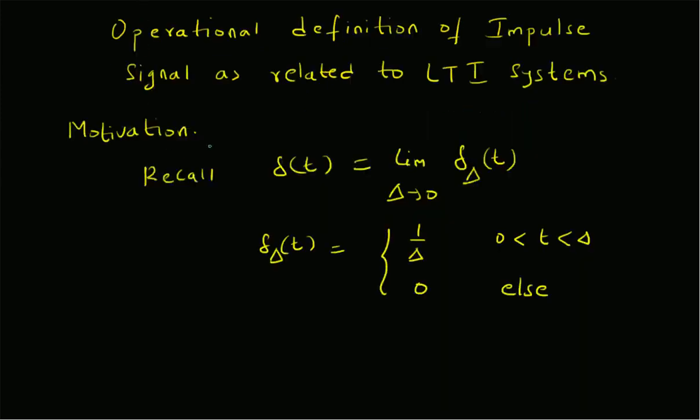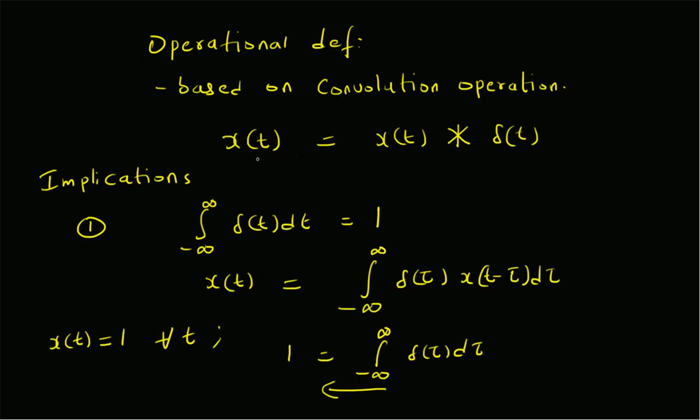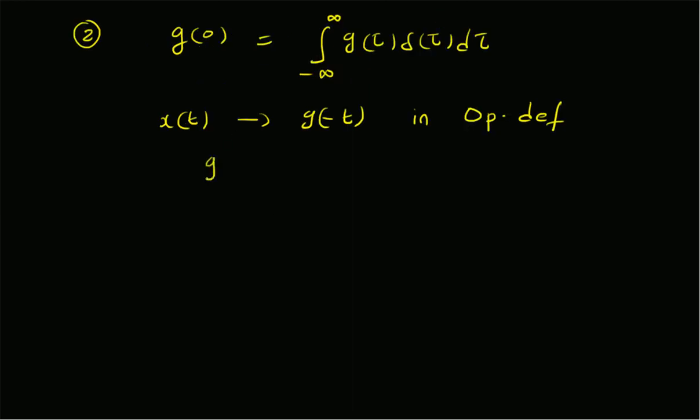We have g of minus t equal to the convolution between g of minus t and delta of t. So g of minus t is equal to the integral from minus infinity to plus infinity of delta of tau times x of t minus tau, but x of t minus tau is replaced by g of minus t, so it becomes g of tau minus t. The variable is reversed, and then we have d tau.